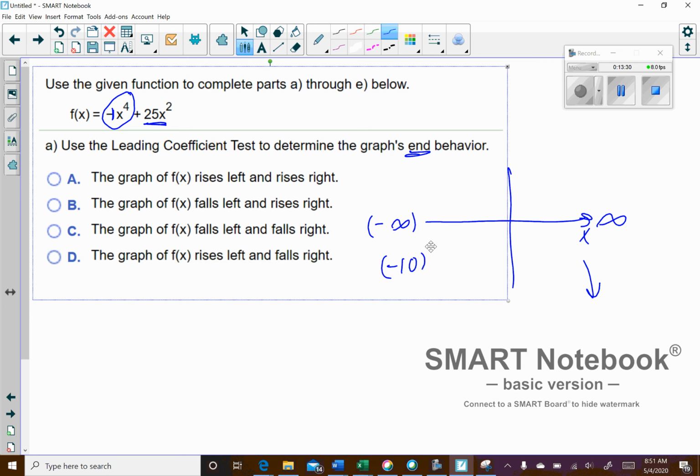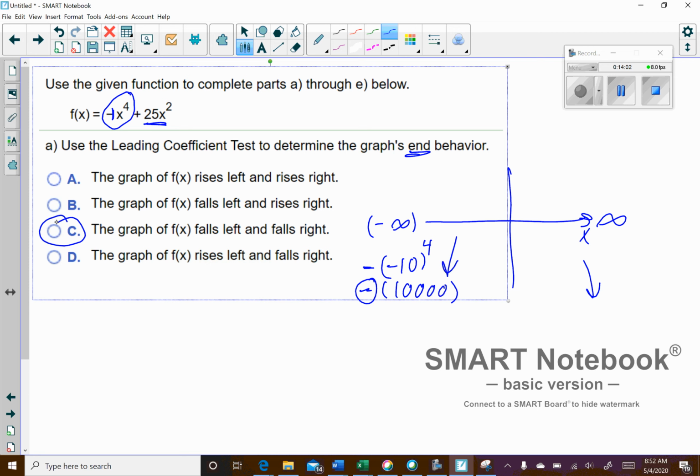You raise it to the fourth power, so I still have that negative on the outside. -10 to the fourth power is going to become positive 10,000, because even powers will come back positive, okay? But you have the negative on the outside, so that will make the end behavior fall also. So the graph falls to the left and it falls to the right. So this part's going to be C.